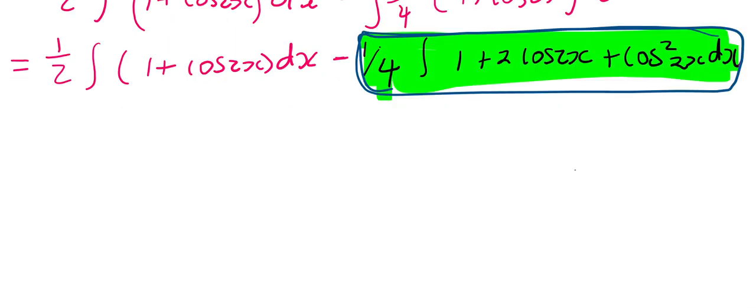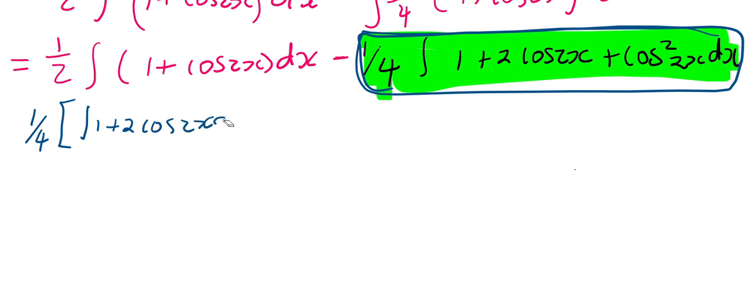So now let's do the green part. So we have 1 over 4, put in big brackets, integral of 1 plus 2 cos of 2x plus cos squared 2x dx.